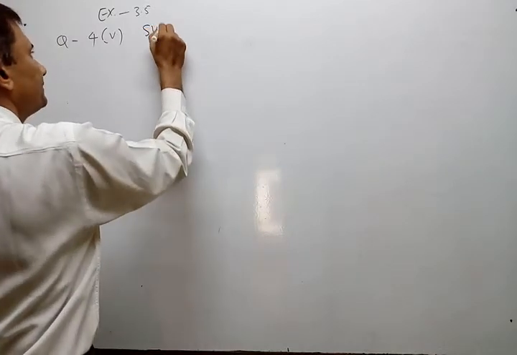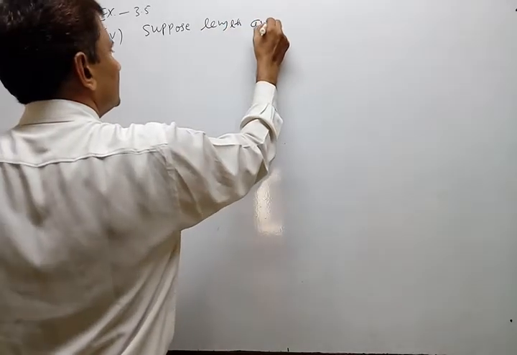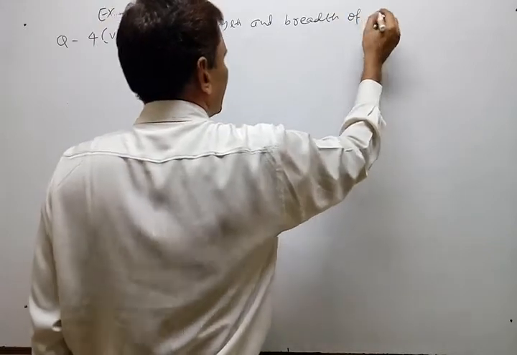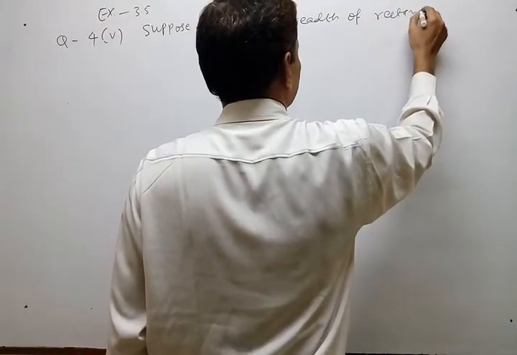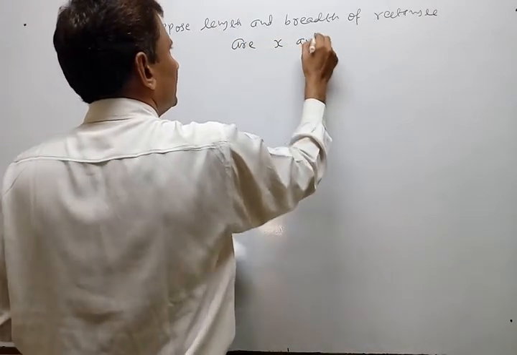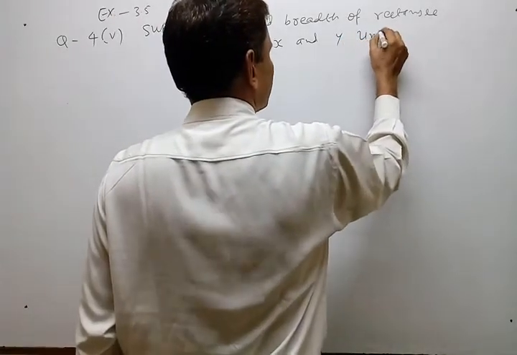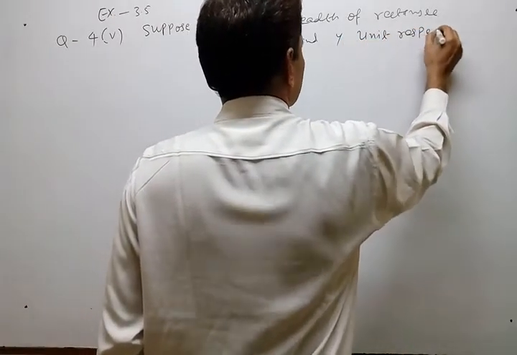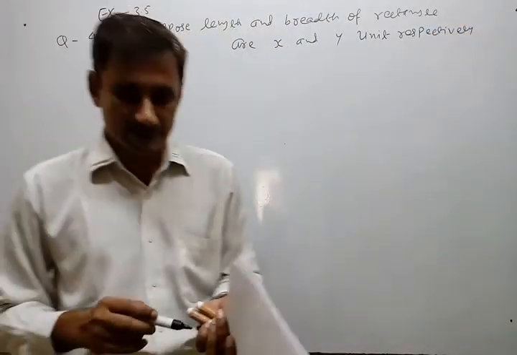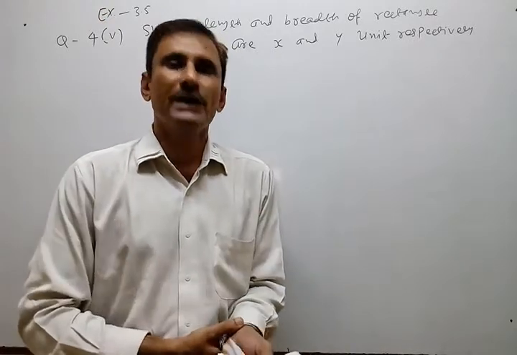Suppose the length and breadth of the rectangle are x and y units respectively. We suppose both in a single statement, otherwise you can write them separately also. The length is x unit and the breadth is y unit.